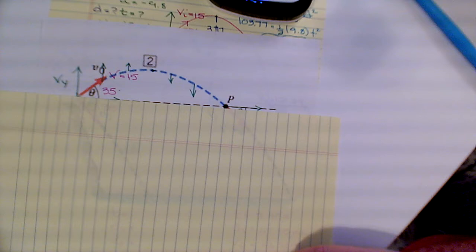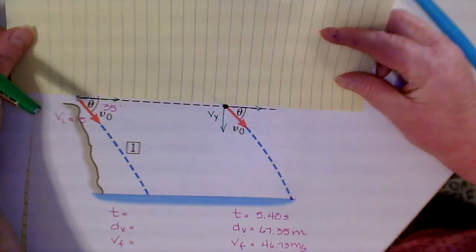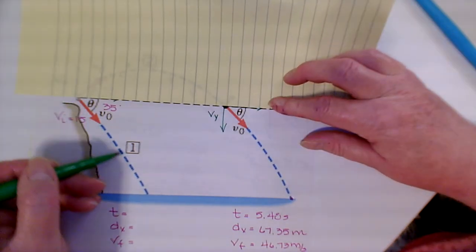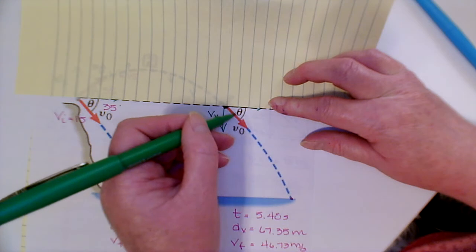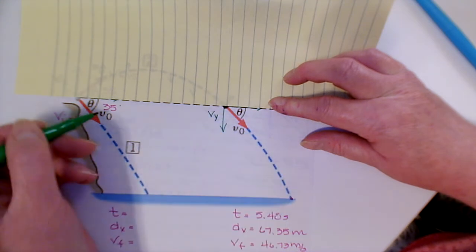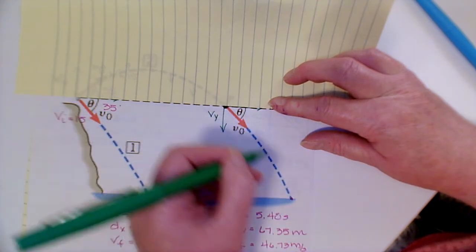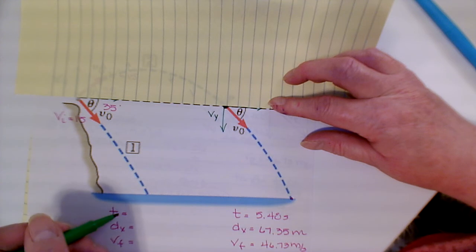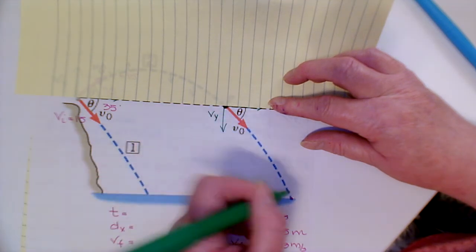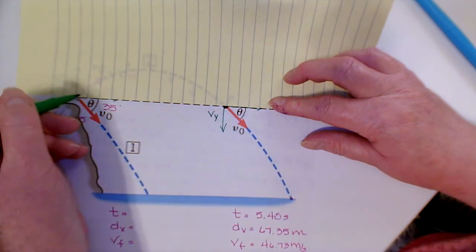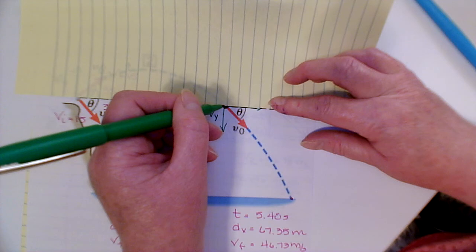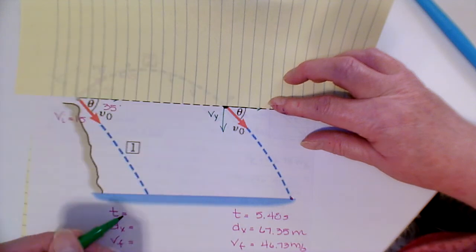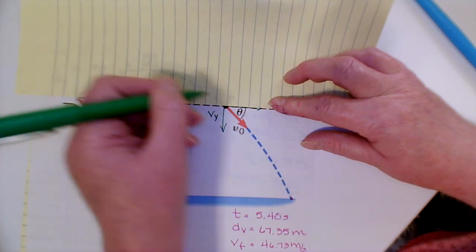So why that's important is if I then cover this part up, this here and this here are also identical paths. Identical paths. And what that means is the time could be different because of the asymmetry, or that this part was symmetrical. This one had to go up and then come down.